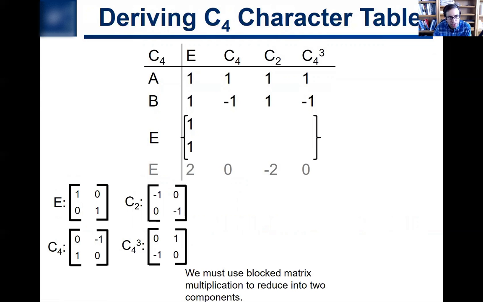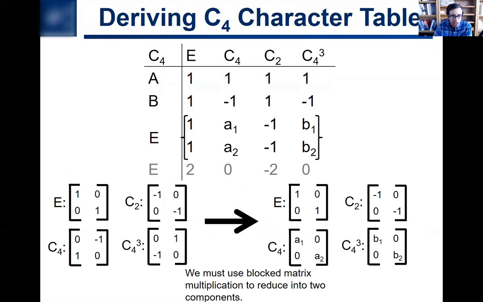If you want to actually derive the characters in there, how did I get the i's and the negative i's, etc., you're going to have to use block matrix multiplication to reduce these into 2 components. In order to do that, you're going to have to set up variables to figure out what values can allow you to break this up, right?